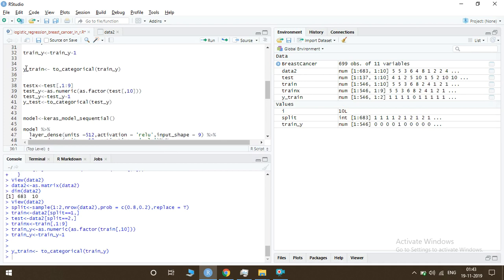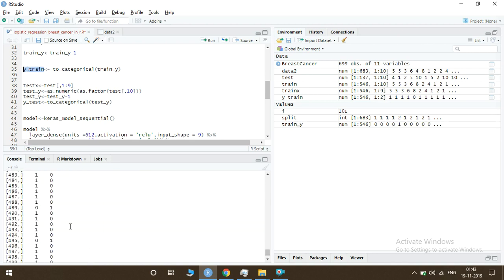All right, so this is train y to categorical. That means I have converted my labels to the category. I've done one hot encoding for my train labels. As you can see, it has divided the data, the malignant and the other form of cancer, into two types, that either it's one or it's zero.